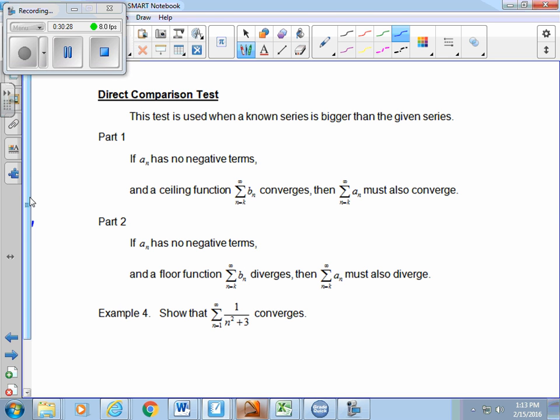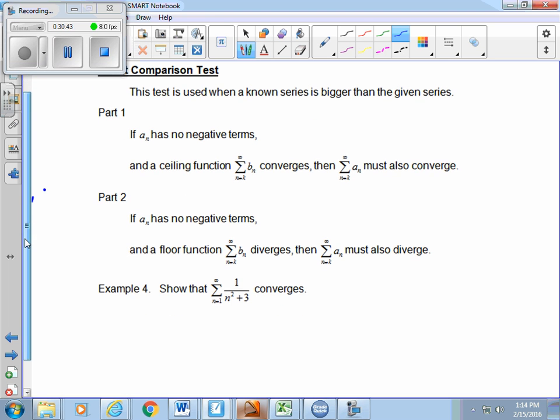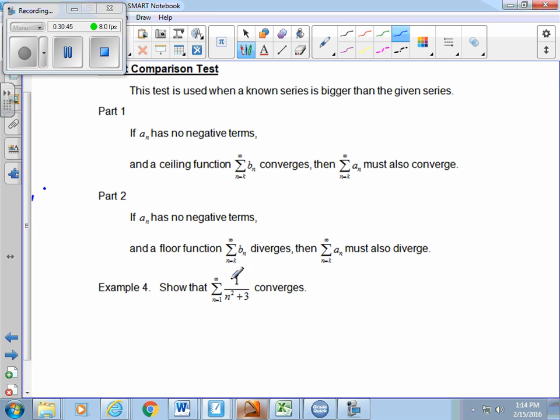Now, there are two sequences that we have for comparison purposes. We have a geometric sequence and we have a p-series. Let's look at this example down here. What does it look the most like? Looks the most like a p-series, but it's got the random +3, so I can't just use a p-series test. But would you agree if I add 3 to the bottom, that makes these terms smaller?